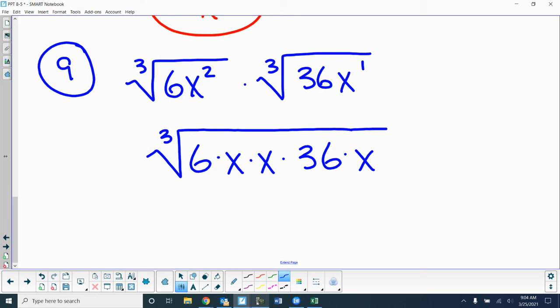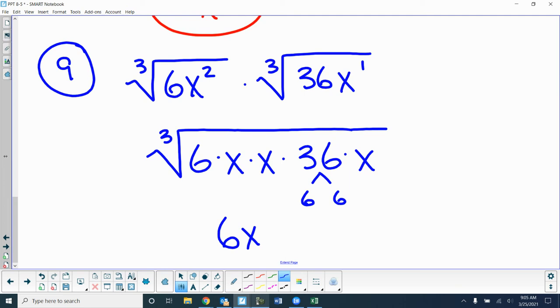You guys with me? And then this is, so I'm looking for groups of what? 3. How many 6s do you see? 3, so that means that answer is 6, right? How many x's do you see? 3, so that answer is x, right?